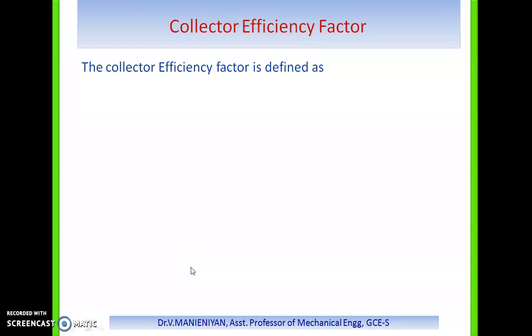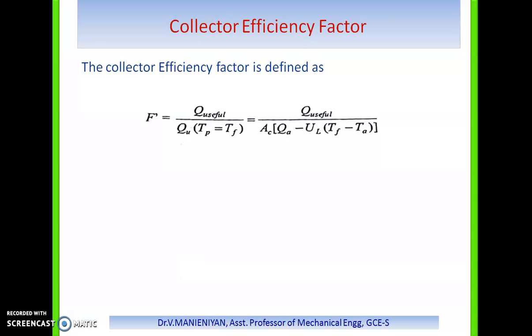Next is the collector efficiency factor. What does the collector efficiency factor mean? The flat plate collector efficiency factor is defined as the ratio of the actual rate of useful heat collection to the rate of useful heat collection if the collector absorber plate were at the fluid temperature Tf.